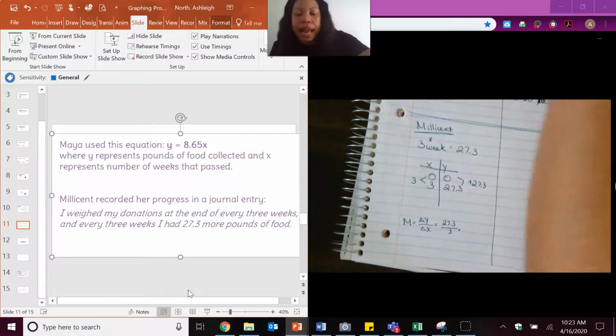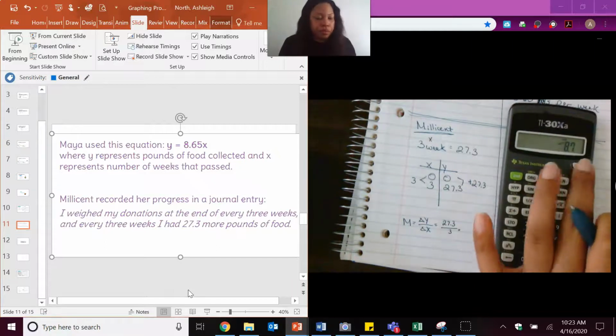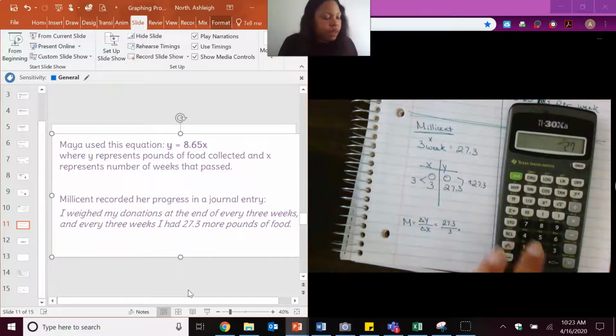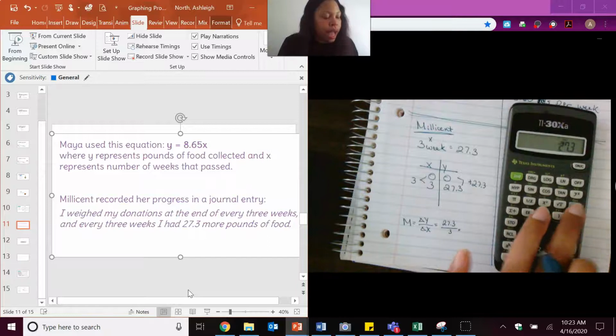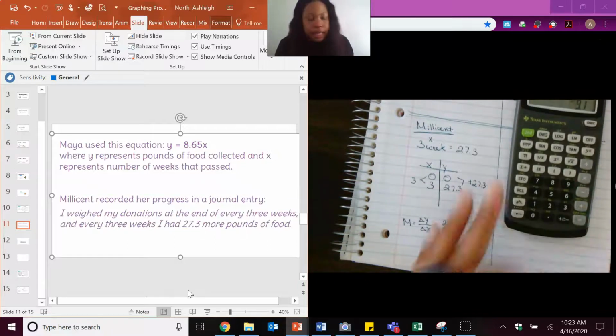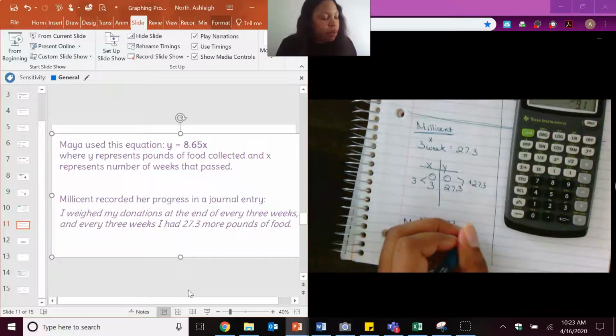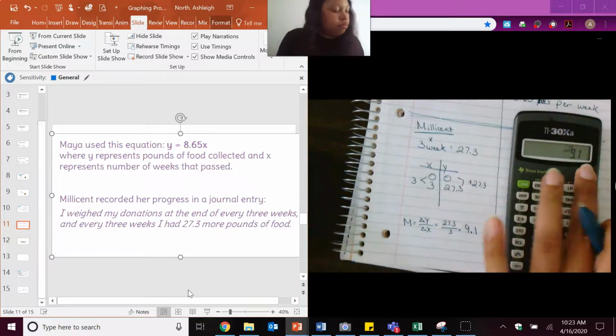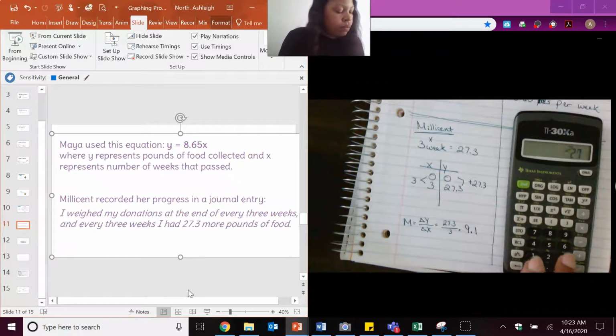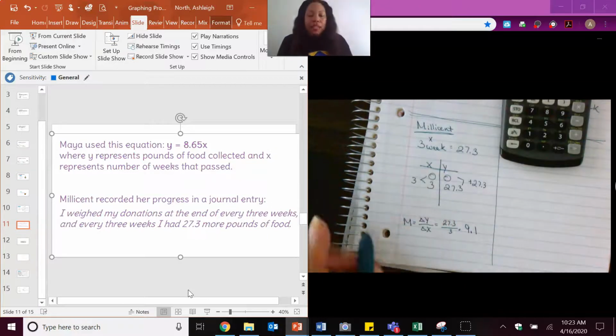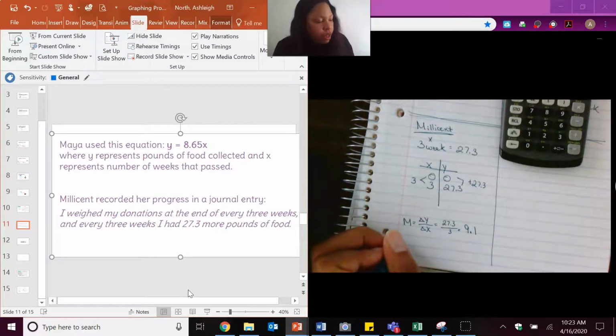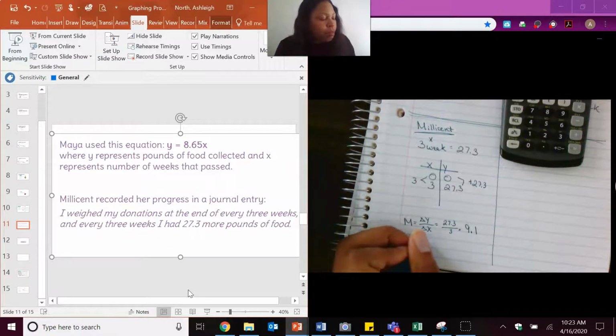So then I'm going to take my calculator. 27.3 divided by 3 gave me 9.1. So then let's write that back into my statement of she collected 9.1 pounds per week.